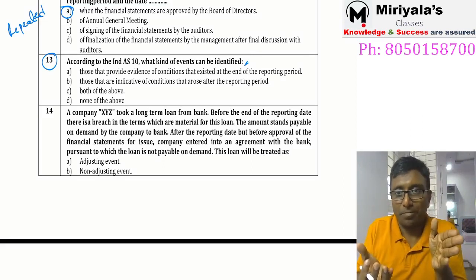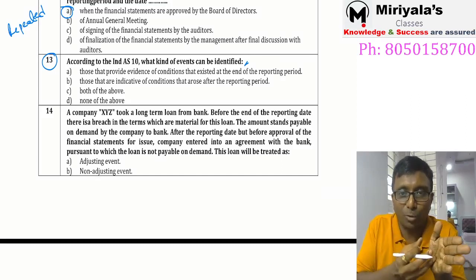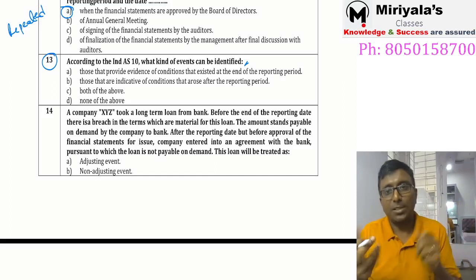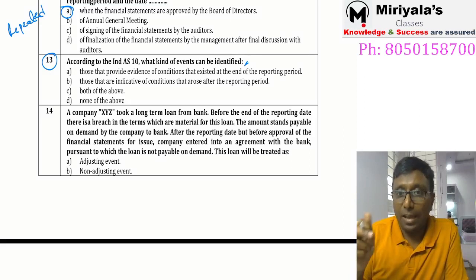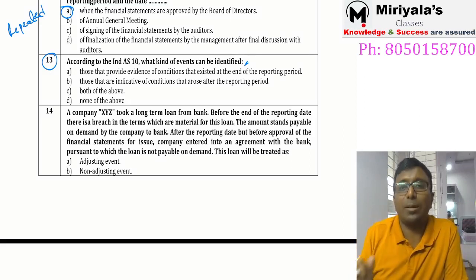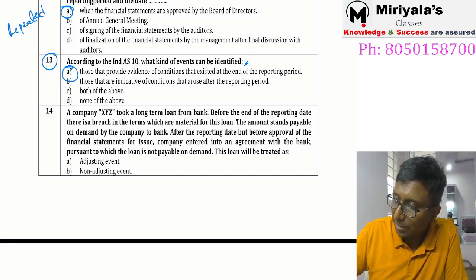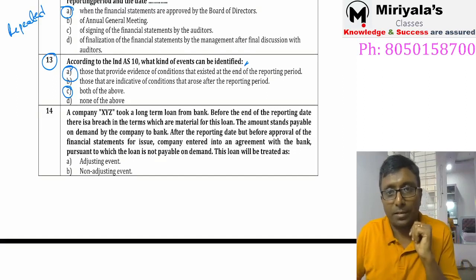I was not aware with respect to the legal case. I thought I will win, that's why I did not make a provision. But subsequently, based on the judgment, I got to know I am liable. So yes, C is correct, my dear. Both the things together, C is going to be correct.